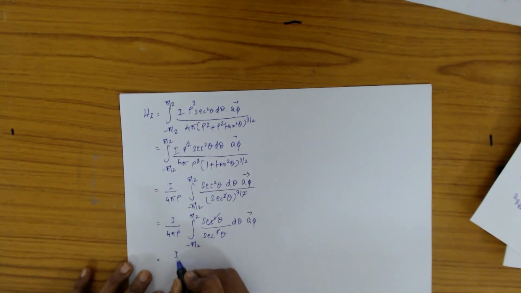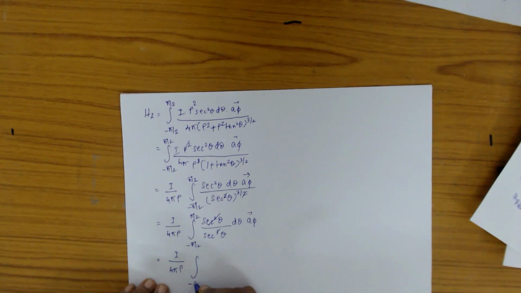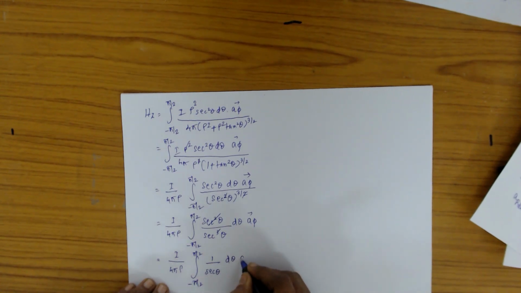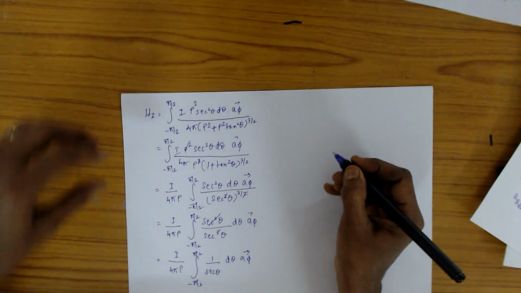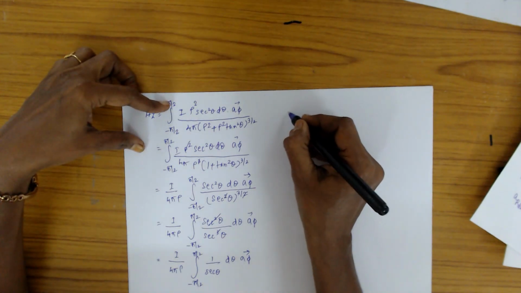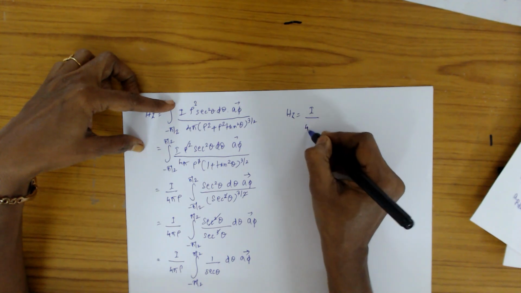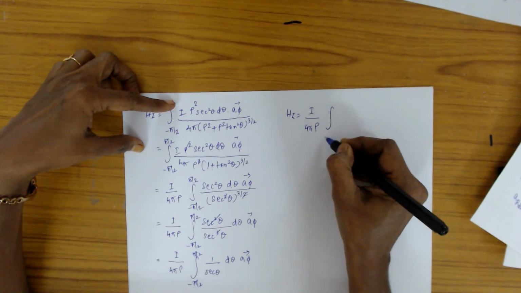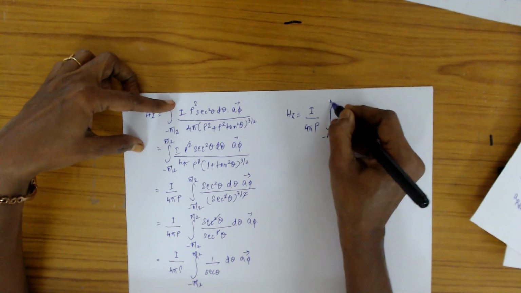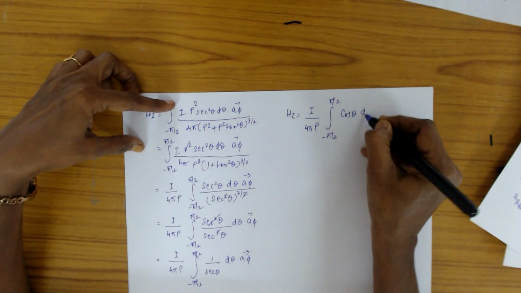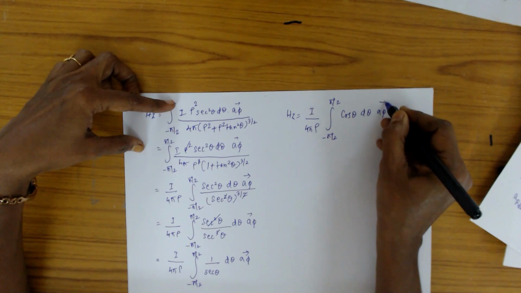We have I divided by 4 pi rho integral minus pi by 2 to plus pi by 2 1 by secant theta d theta into A phi. Then Hz is equal to I divided by 4 pi rho integral minus pi by 2 to plus pi by 2 1 by secant theta, which is cos theta, into d theta into A phi.